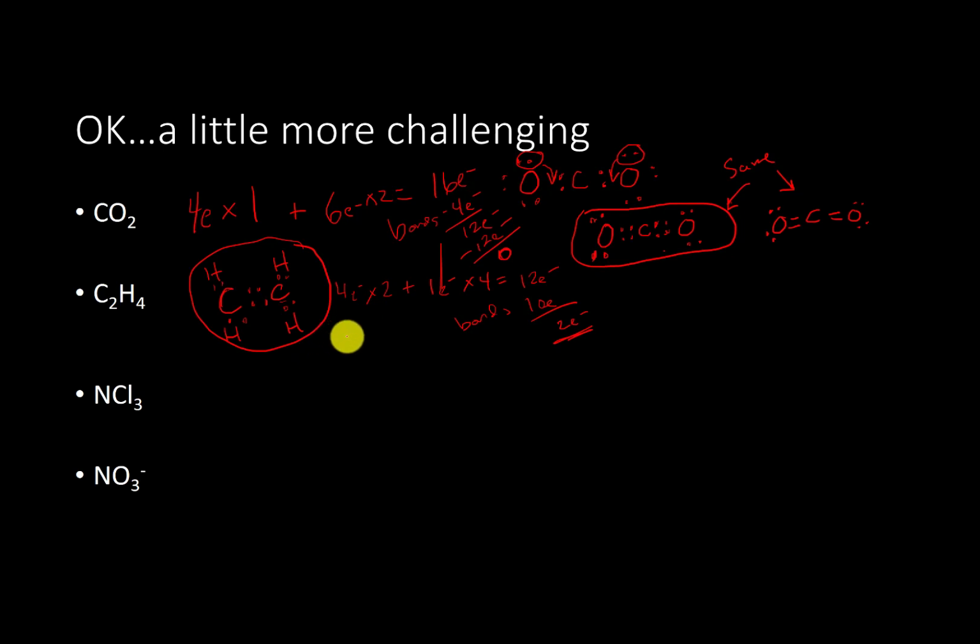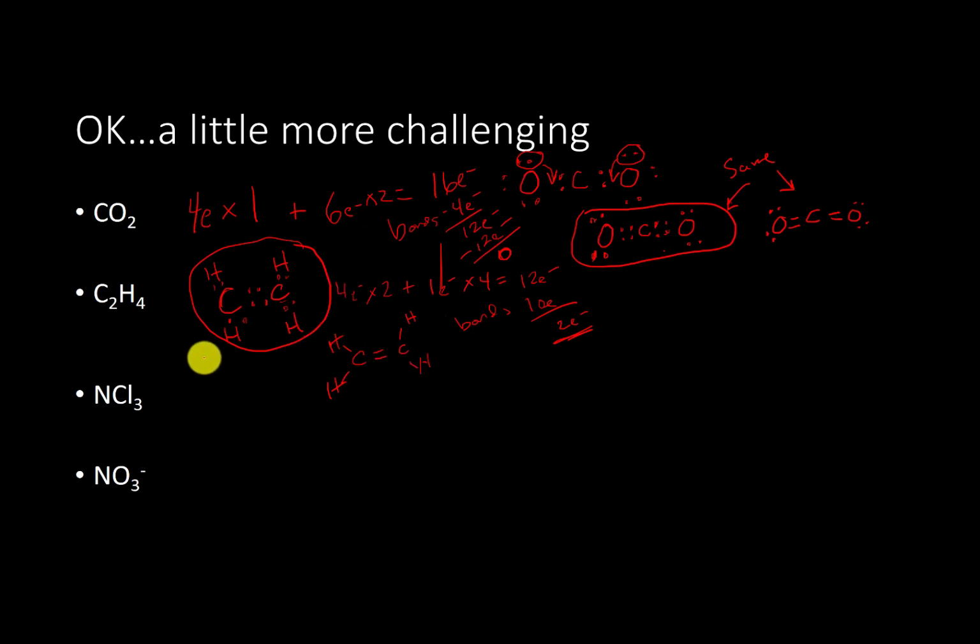Sometimes I like to redraw these at the end, and this would look like carbon to carbon to hydrogen to hydrogen. This is called ethene, is the name of that molecule. When we get into the biochemistry unit, or the organic chemistry unit, that's what you would call that.